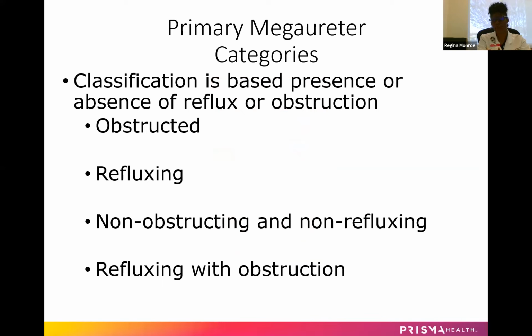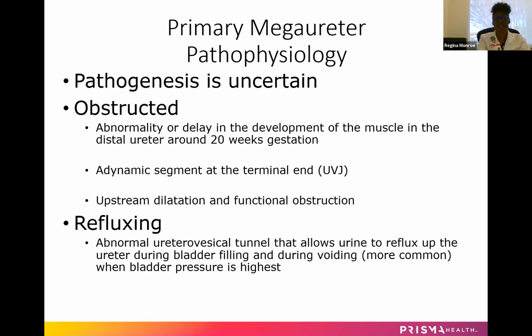So we categorize megaureters based on the presence or absence of reflux or obstruction. And we have 4 classic categories: obstructed megaureters, refluxing megaureters, non-obstructing and non-refluxing megaureters, and finally refluxing megaureters with obstruction. So why do megaureters even develop? We really don't know.